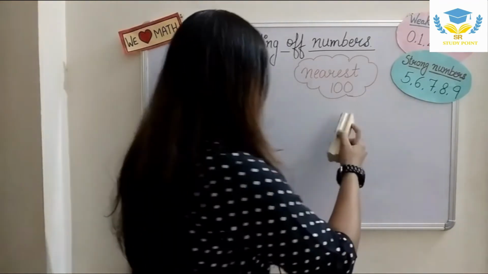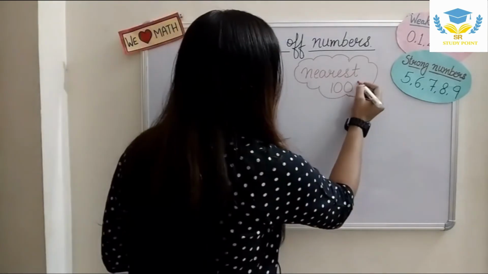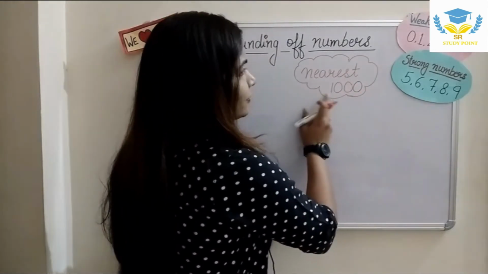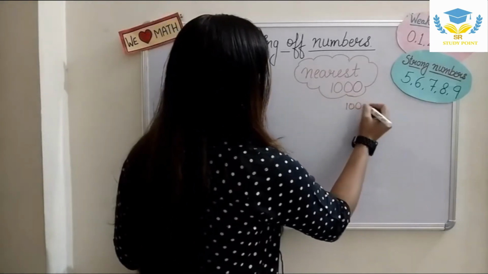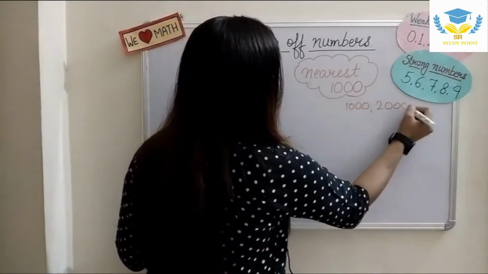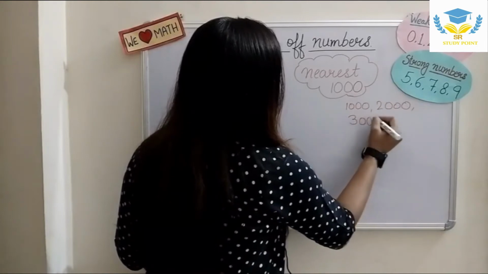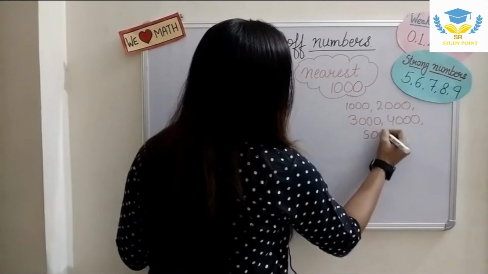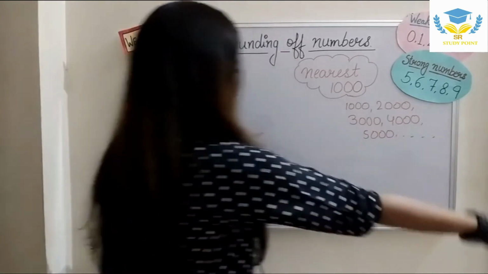As we are rounding to the nearest 1000, we have to see the multiples of 1000, that are 1000, 2000, 3000, 4000, 5000, and so on.